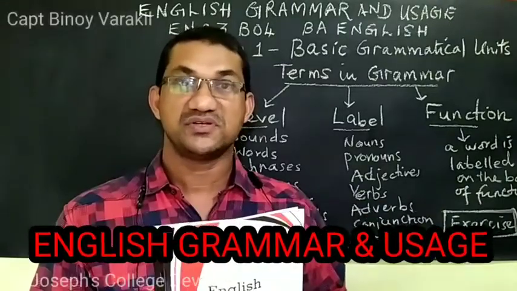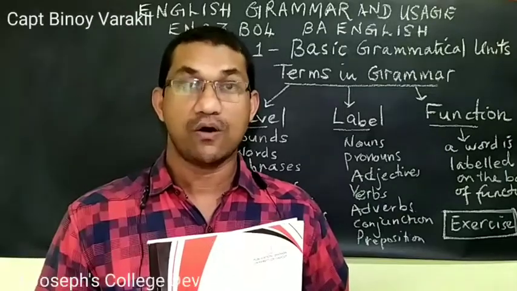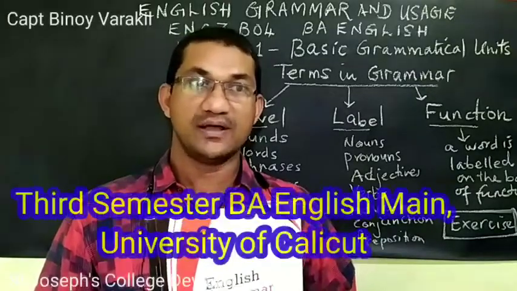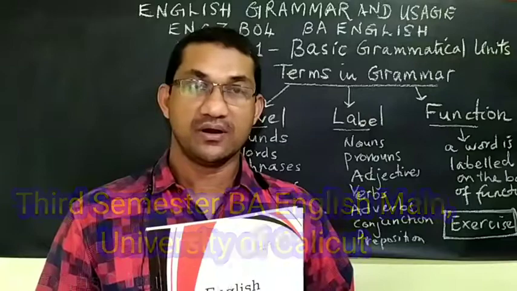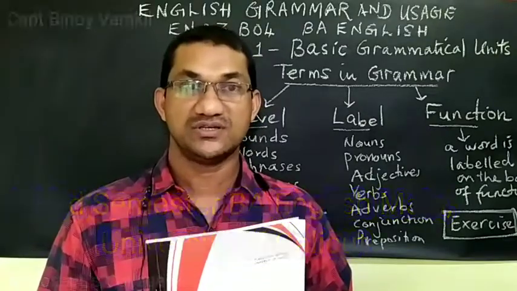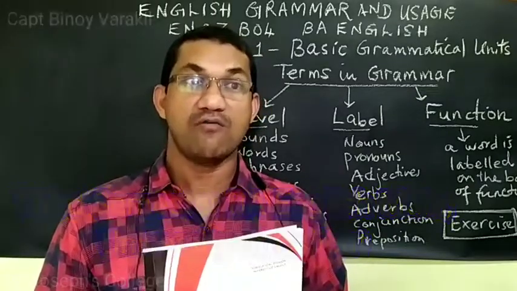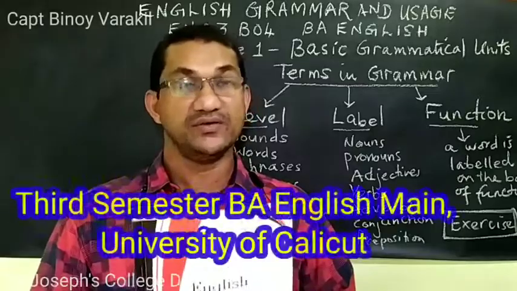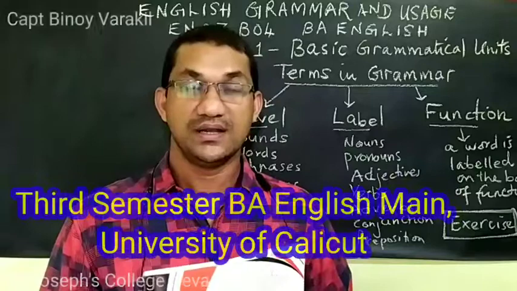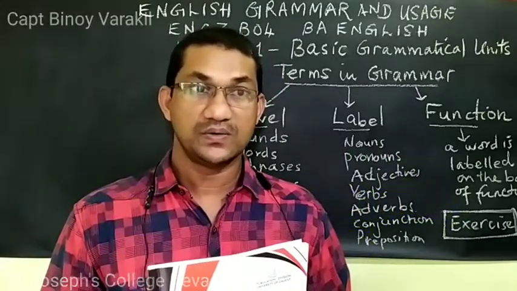Hereafter we will be discussing each and every chapter or section from this course book for English third semester BA English students of the colleges of University of Calicut. You will come across a number of modules in this very useful course book, and the first module is the one we discuss today.